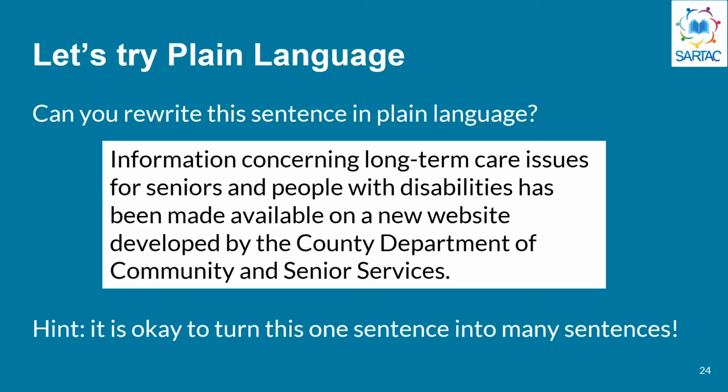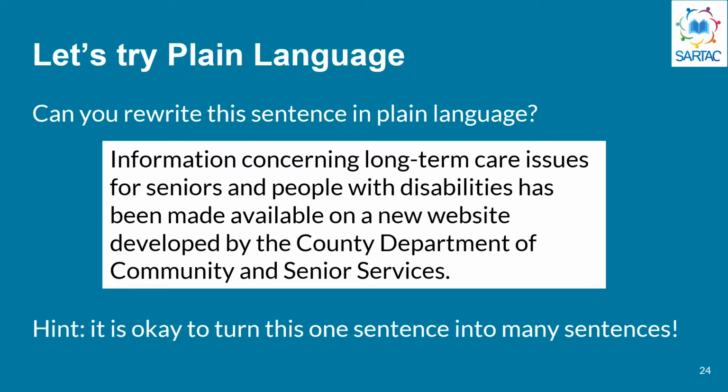The sentence is, information concerning long-term care issues for seniors and people with disabilities has been made available on a new website developed by the County Department of Community and Senior Services. Now, remembering the tips we gave about plain language: using short words, using short sentences, trying to keep few ideas in a sentence, ideally 1 idea in a sentence, not using passive voice, those kinds of things.